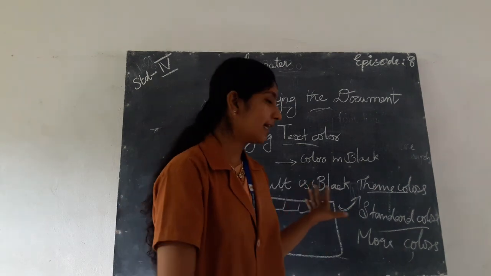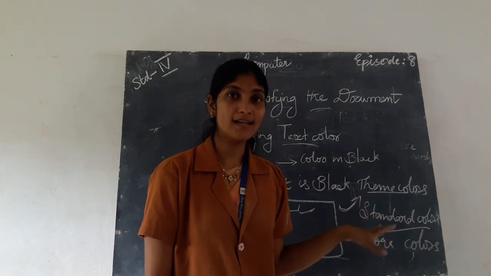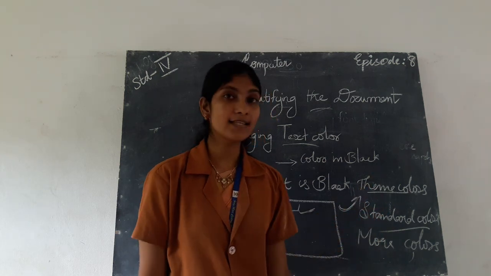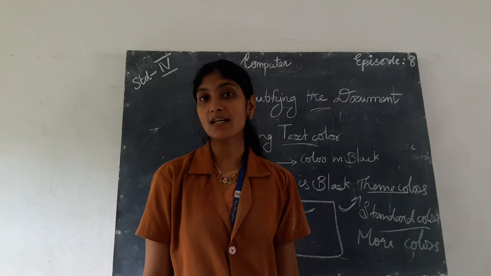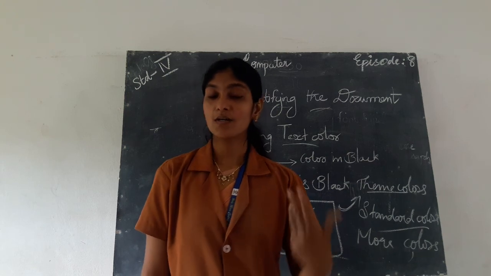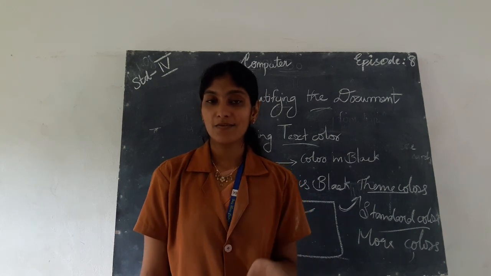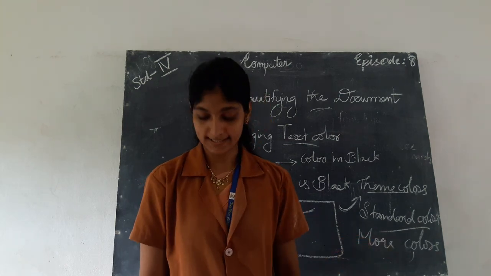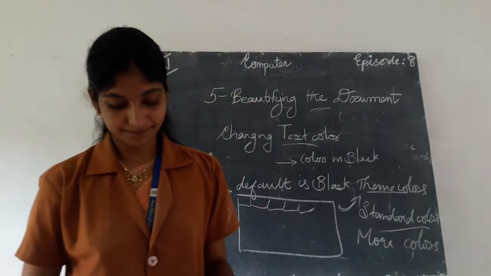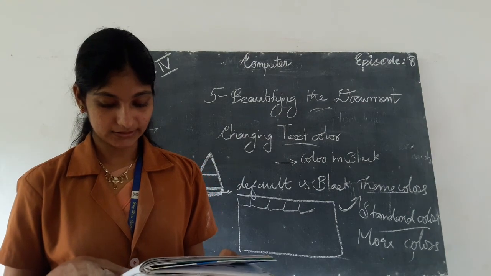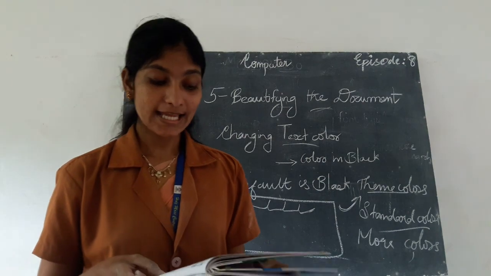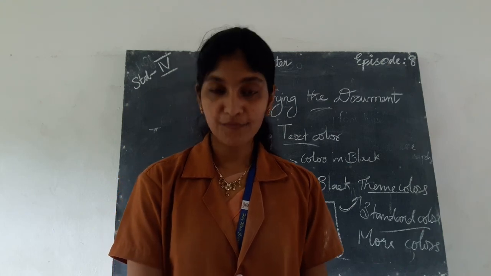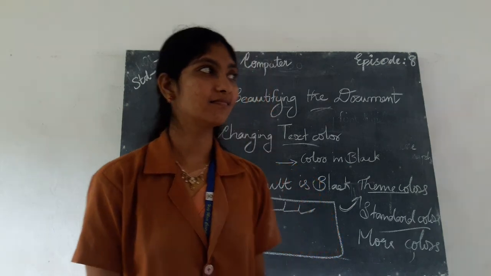So in the font color box it contains three types: theme colors, standard colors and more colors. If you want to give any additional colors, just go to more colors. Next is changing the font style.